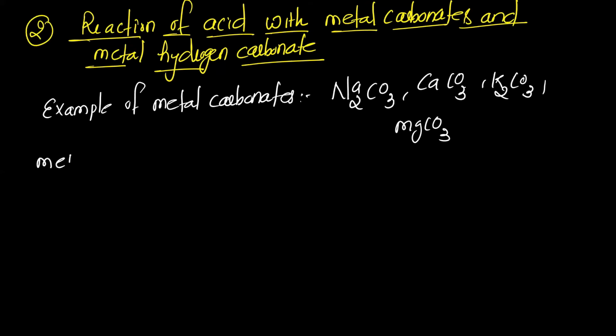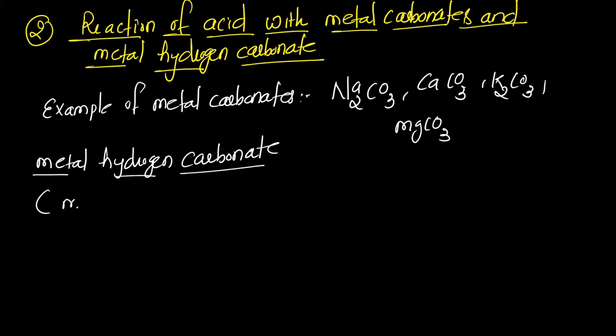What are the metal bicarbonates? Metal bicarbonate or metal hydrogen carbonate is the same. Hydrogen carbonate is sometimes also known as bicarbonate. So metal hydrogen carbonate can also be called a metal bicarbonate. Now, what are the examples of metal hydrogen carbonate?